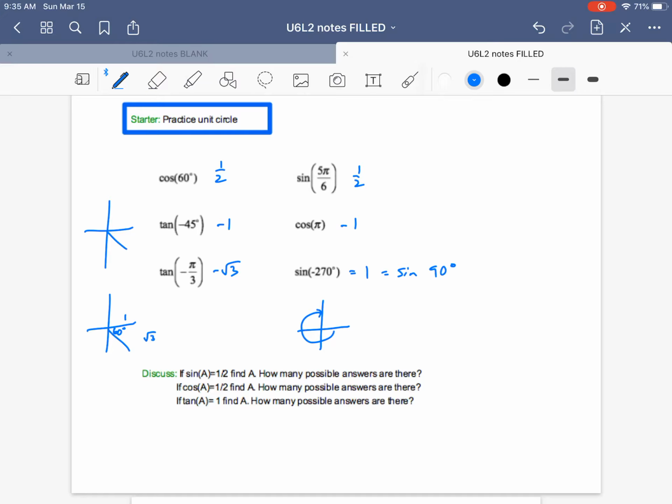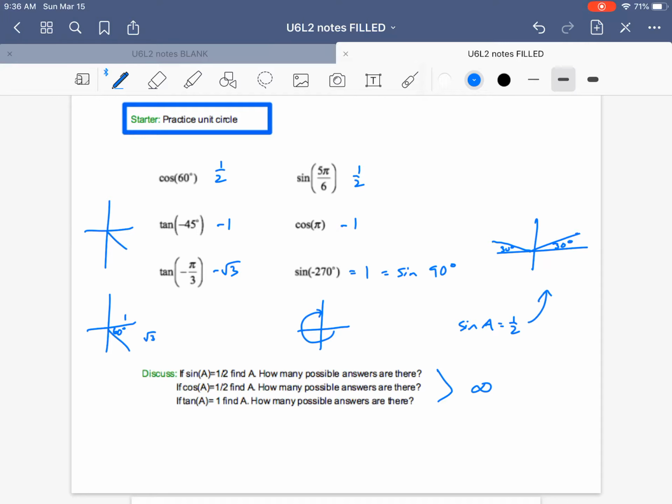All right, if you're back, these are actually really easy answers. The answer to all of these questions is infinity. There are an infinite number of angles that solve these. So for example, sine A equals a half. Well, graphically, that means I want to either be here or here, right? Where this angle is 30 or this angle is 30.